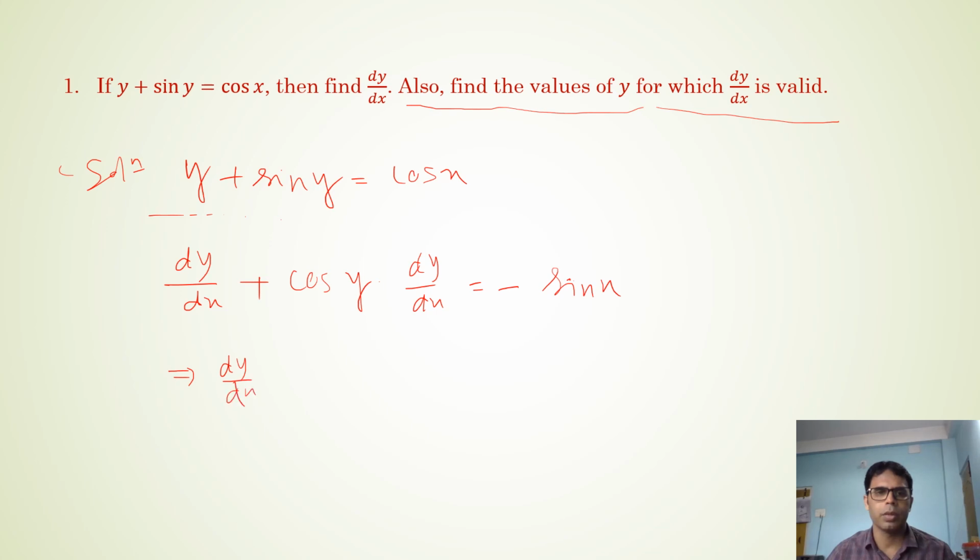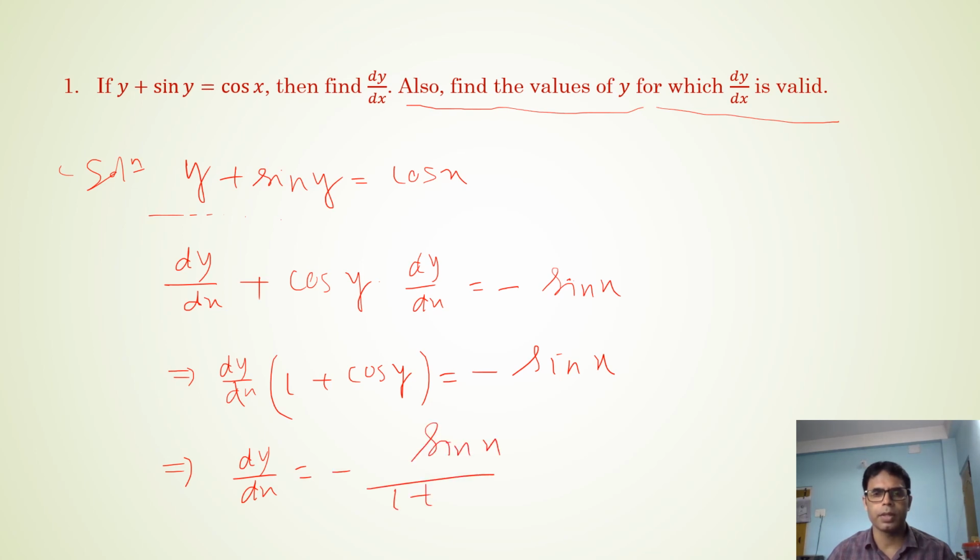After this you just take dy/dx common, so it will be (1 plus cos y) dy/dx is equal to minus sin x. So from here we obtain dy/dx is equal to minus sin x divided by 1 plus cos y. So this is the differentiation of the function.